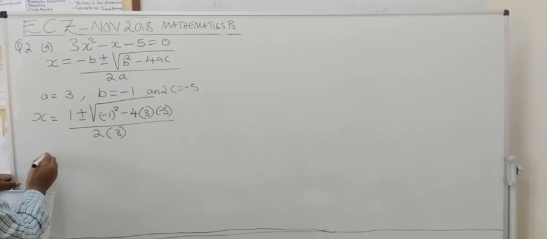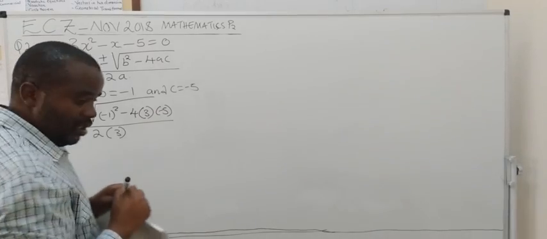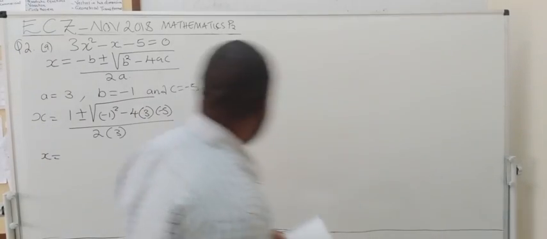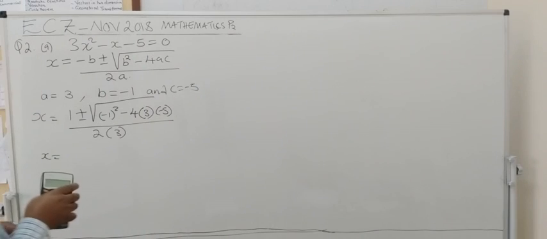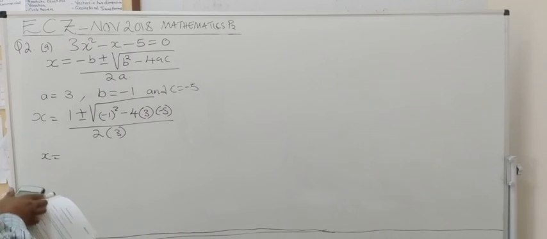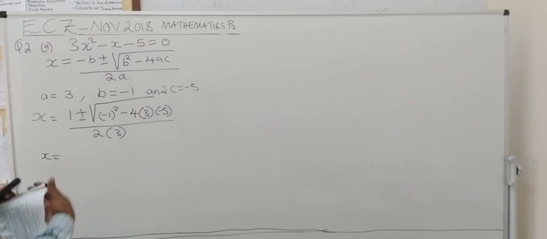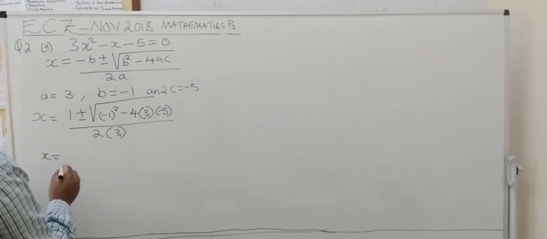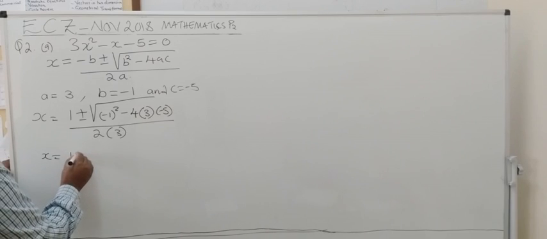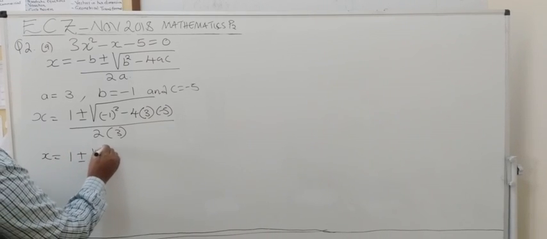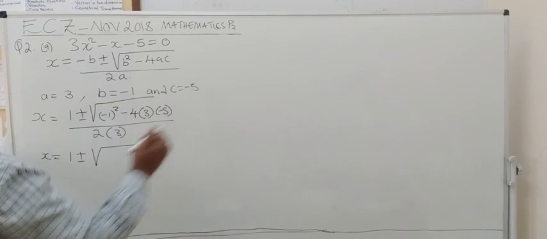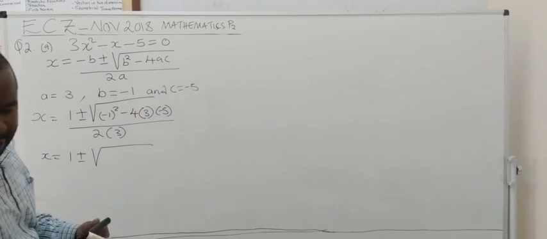So x is equal to, at this stage you can make use of your calculator. You work out what is in the brackets. You have 1 plus or minus the square root of, when you punch everything the way it is, you're going to get 61.